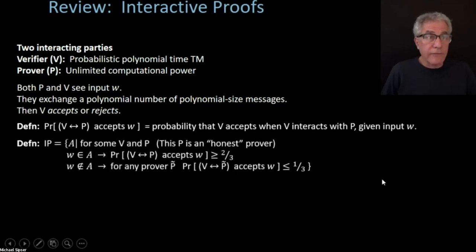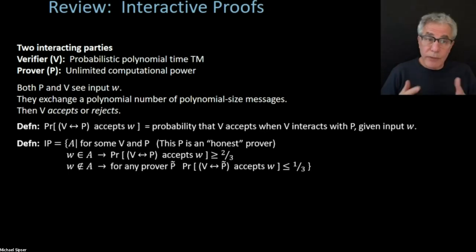What we want is that for strings in a language, that probability should be high for some prover, and for strings not in the language, that probability should be low, no matter what the prover does. Whatever the prover's strategy, it cannot make the verifier accept with high probability.